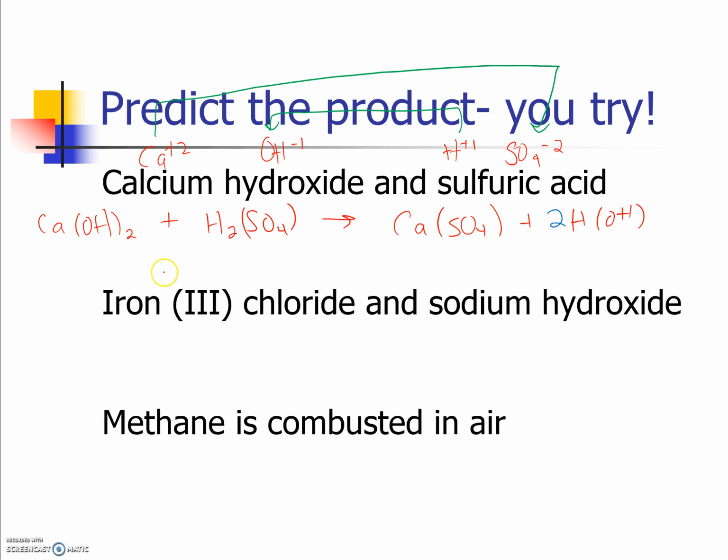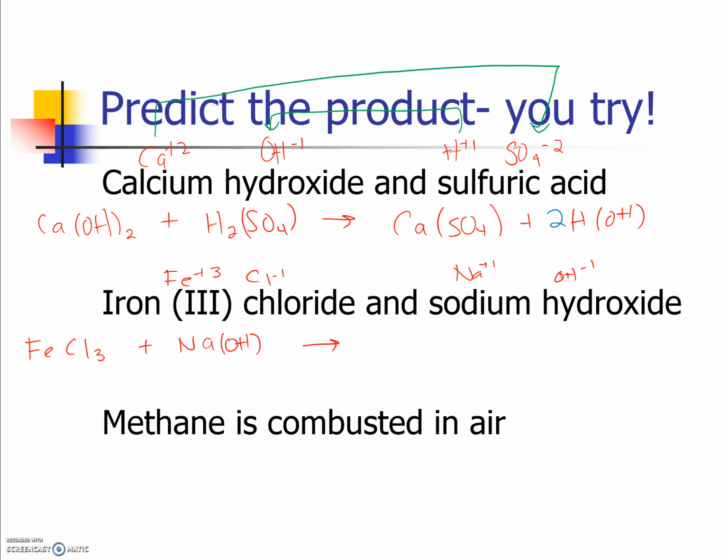Iron 3 chloride and sodium hydroxide, Fe plus 3, Cl minus 1, Na plus 1, OH minus 1. So let's put this together again, compound and compound, so it's a double displacement, FeCl3 plus NaOH.